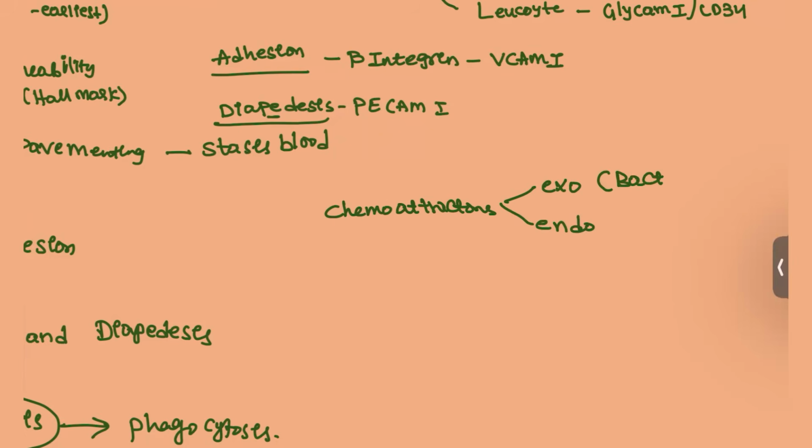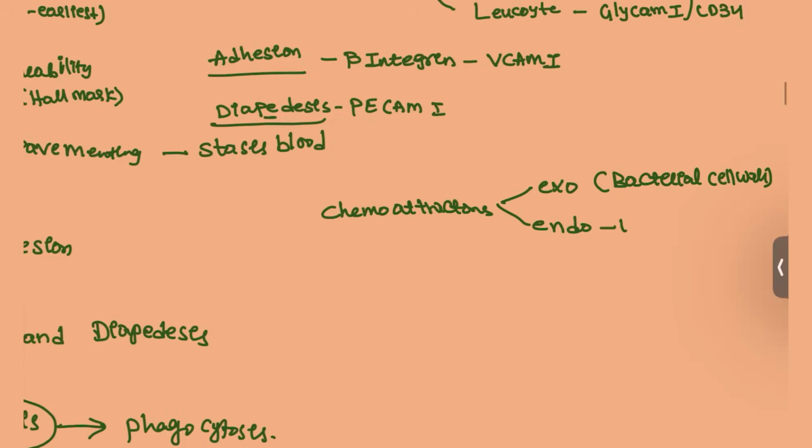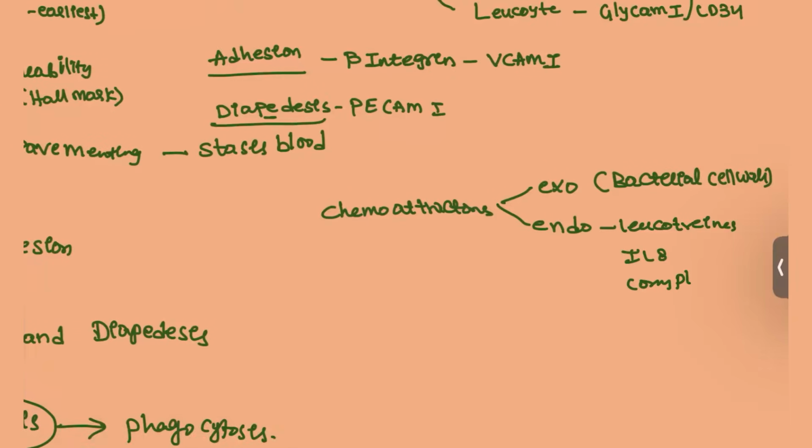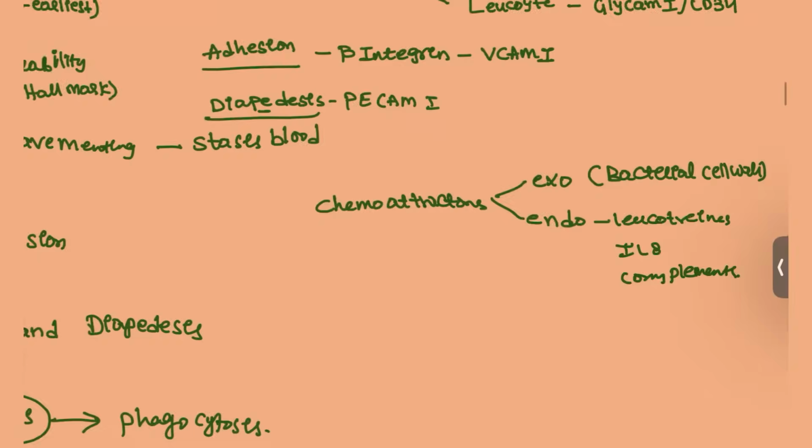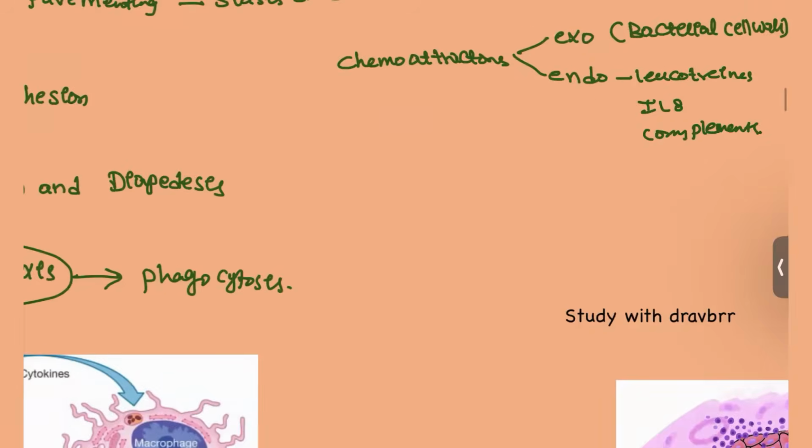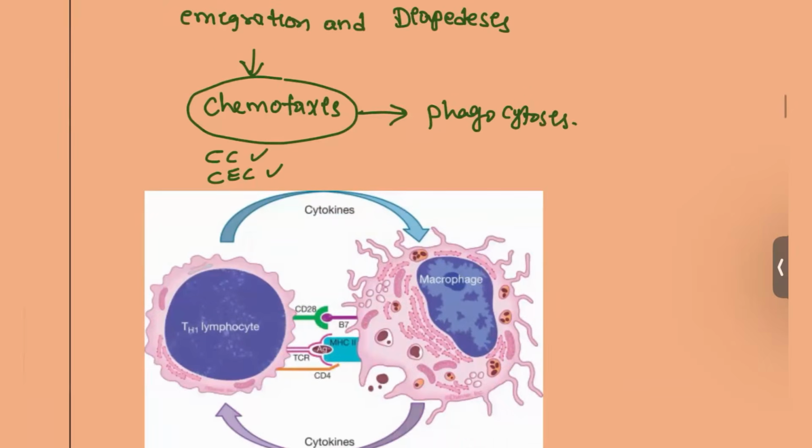That cell wall itself contains many products that are going to attract them. And endogenously, the others are the leukotrienes. Leukotrienes are going to play the role. Interleukin 8 is going to play the role, and also complements are going to play the role for the chemoattractants. Right? Immediately after that, these chemoattractants are going to include the complement system, and then phagocytosis is going to play to kill that particular inflammatory cell. Right? These are the properties.